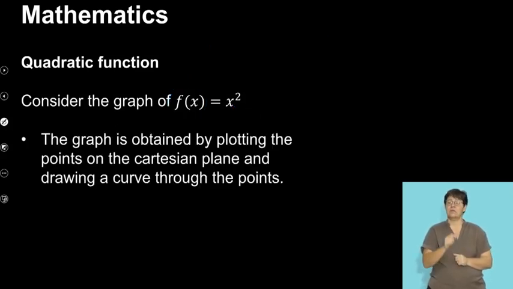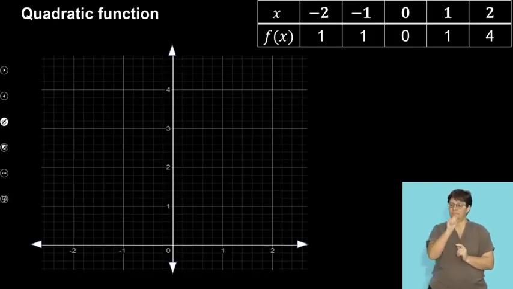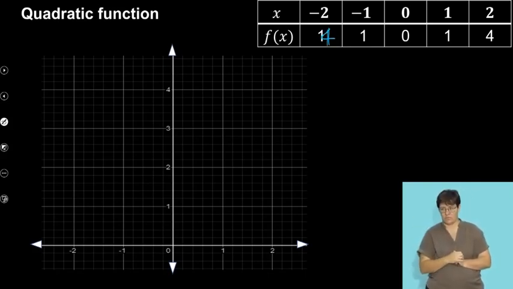Now, the graph is normally obtained by plotting the points on a Cartesian plane and drawing a curve through those particular points. Remember our points, this is supposed to be 4 there, not 1. So that is 4, that is 1, that is 0, 1, and 4.